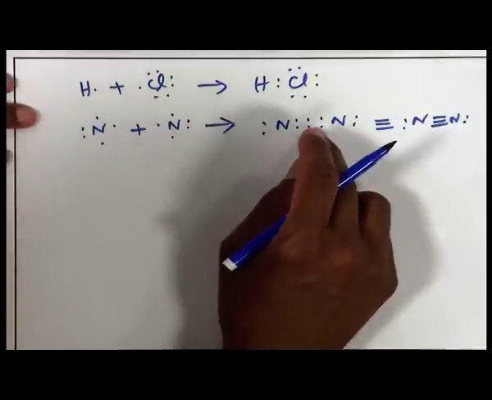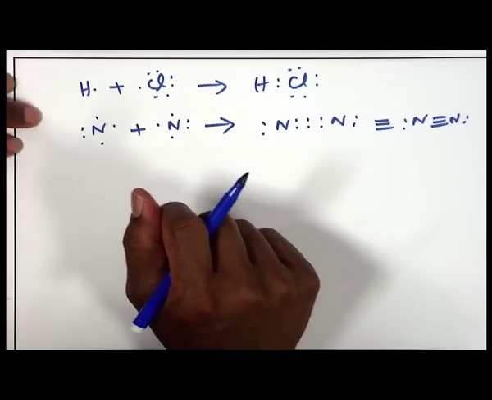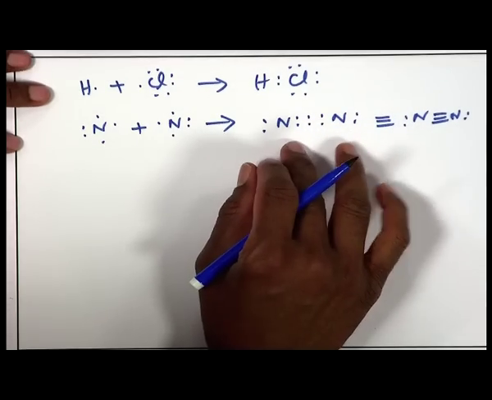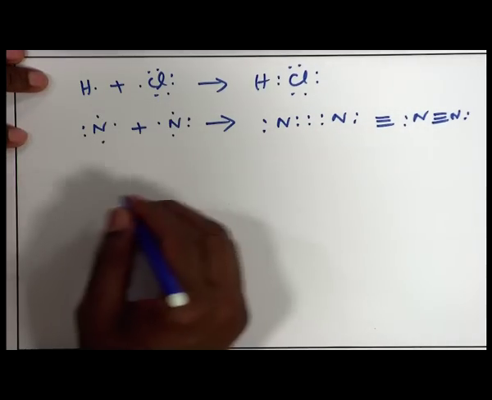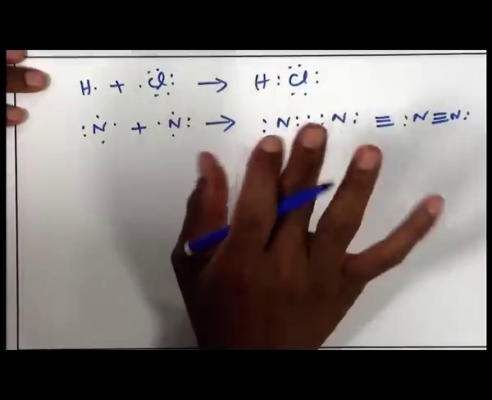The bonds are formed because each atom contains unpaired electrons, so that many bonds are formed, and there is no problem here. Similarly for hydrogen chloride, which I explained.